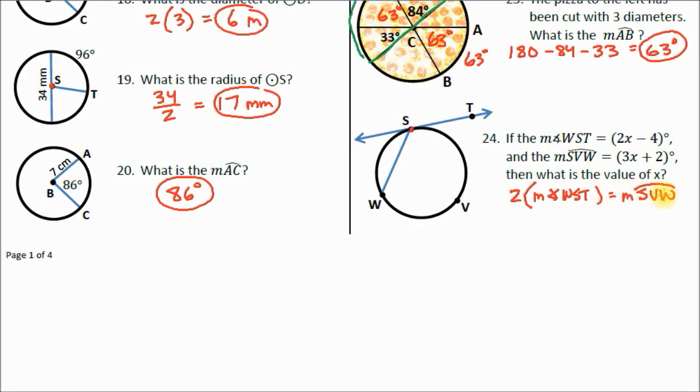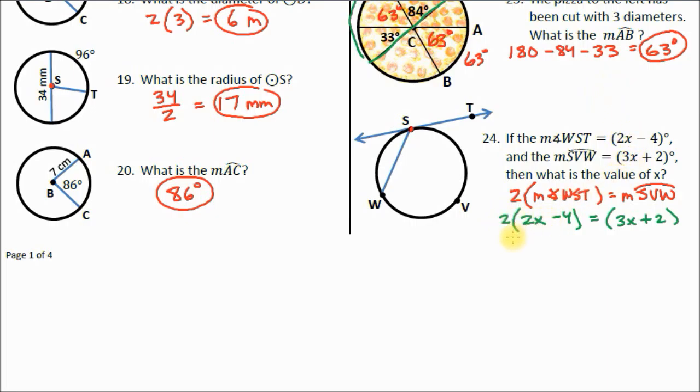If the measure of SVW were 50, then the measure of angle WST would be 25. 2 times 25 is 50. So knowing that, we can actually write our equation. Therefore, we know this equation is true. 2 times (2x minus 4) must equal 3x plus 2. All we have to do is solve this equation, and we will find our value of x.